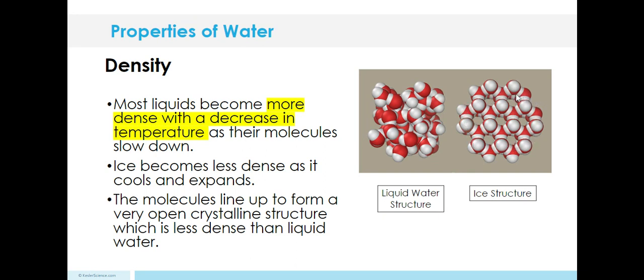Begins to look like this. And so rather than these spaces in between molecules getting smaller and more compact, it's actually expanding. You can see there's quite a bit of room in between each molecule. And this is what gives ice its ability to float. And why would we want it to float?